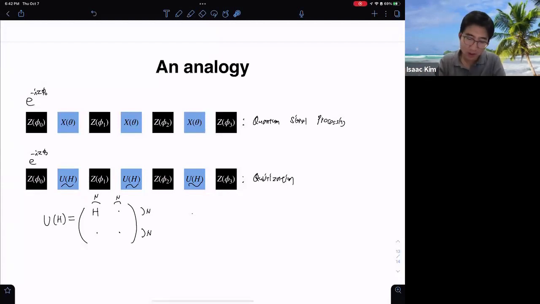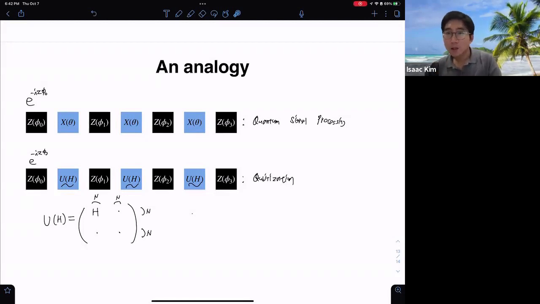You have some unitary that you apply every single time. That's just a fixed operation. It is a non-local operation, but it's a fixed operation that you keep on applying. And therein lies the simplicity and the beauty of qubitization. It manages to compress the algorithm enough so that the entire algorithm just looks like a sequence of single qubit unitaries and some simple unitary that encodes some information about the Hamiltonian.